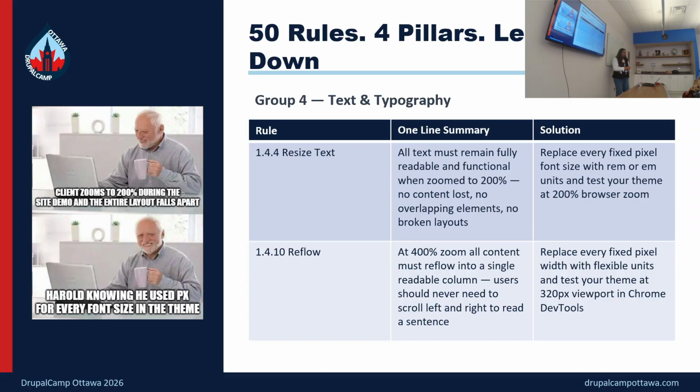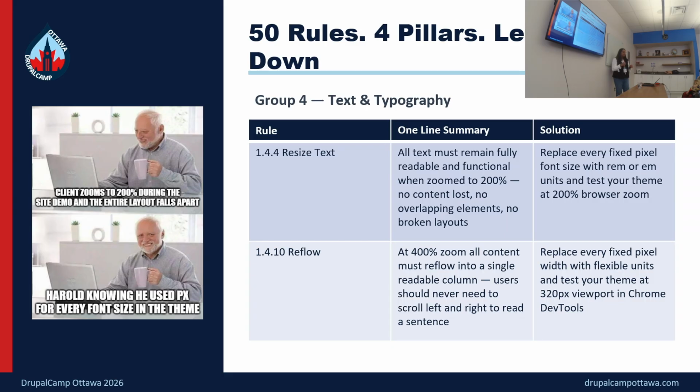Let's move on to the next group, that is text and typography. Under this group, we'll discuss the rules all related to text and typography. So the first one is 1.4.4, resize text. Simple summary: all the text must remain fully readable and functional when zoomed to 200%. No content loss, no overlapping elements, and no broken layouts.